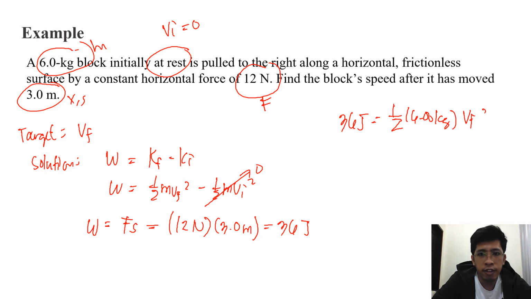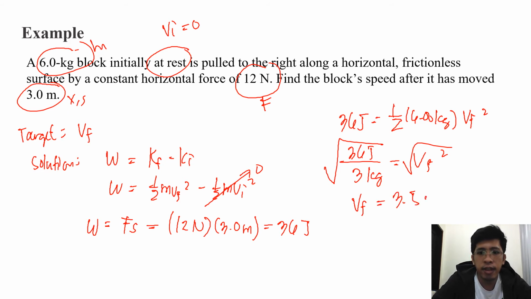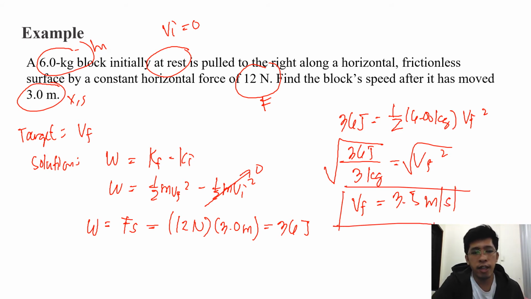So you have 36 joules divided by 3 kilograms equals Vf squared. Take the square root, so Vf is equal to around 3.5 meters per second. So that is the speed of your block after it has moved 3 meters from an initial 0 velocity.